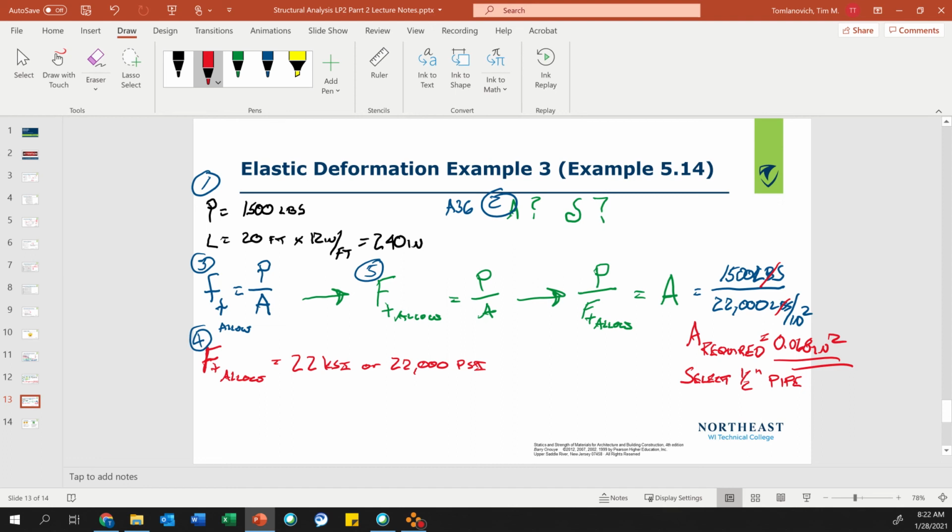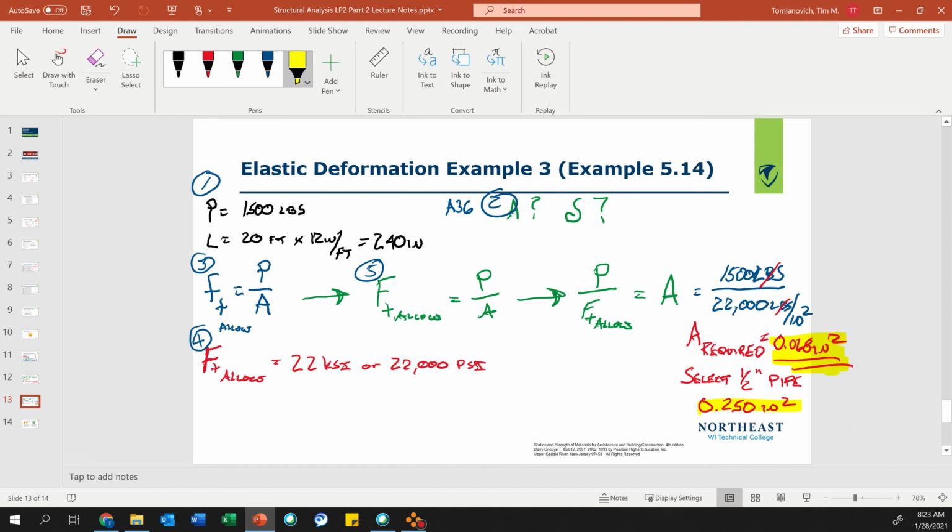You subtract the two to get the wall thickness, and then you use the wall thickness to calculate the area of the steel, which the table gives you: 0.250 square inches. This number has to be less than that number. Again, I'm finding this on page 574, pipe dimension and properties. Now we want to check.